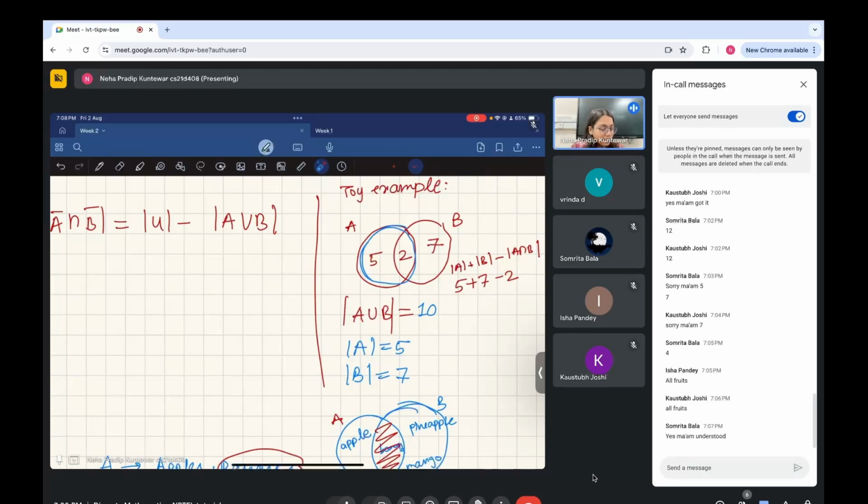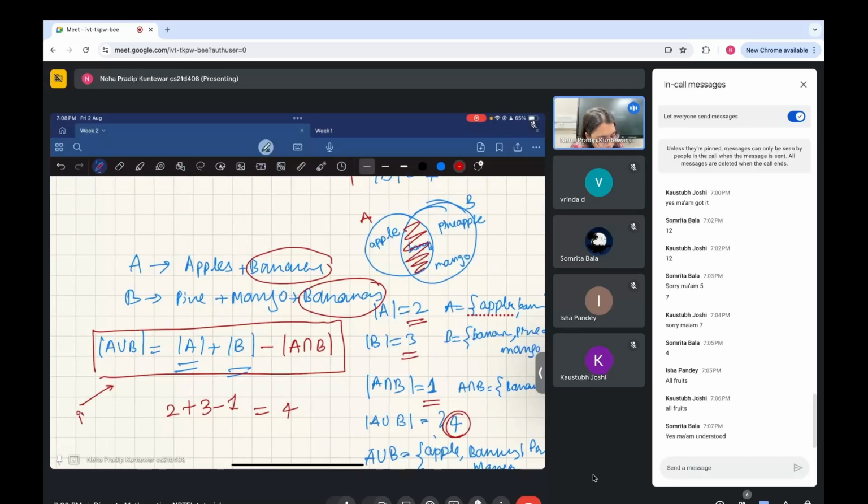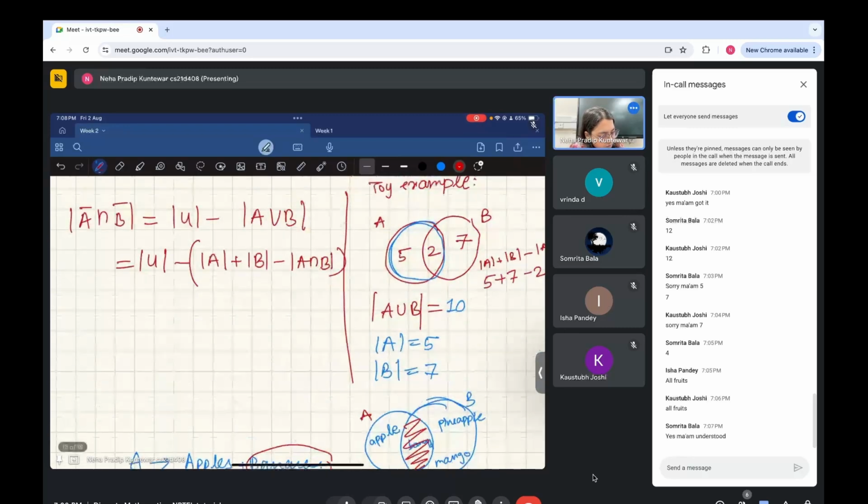So is this making sense with everyone? So what I'll do is I'll just replace this A union B formula that we just wrote below into this equation. So I'll call this identity star, and this follows from the identity star.